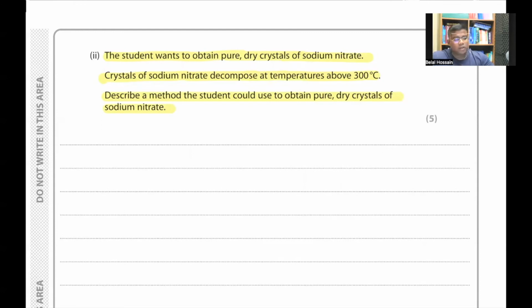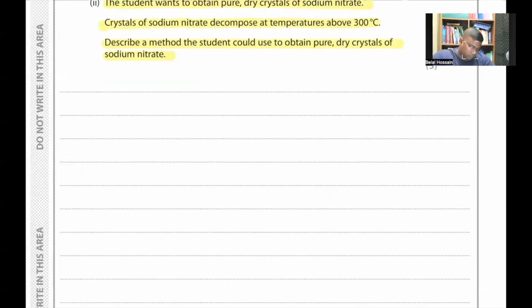Once the water is evaporated, we leave it to cool and crystallize. Once it forms crystals, we can pour off the excess liquid and filter to obtain the crystals. And then we can leave them in an oven overnight to dry.